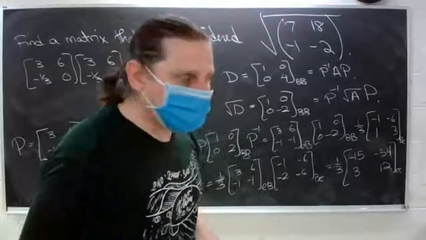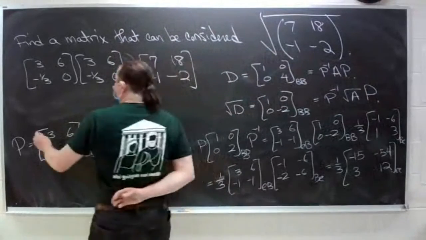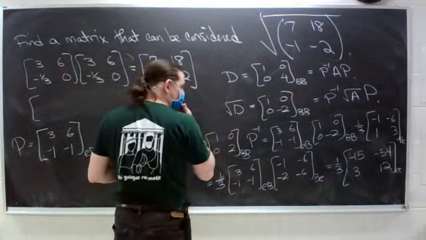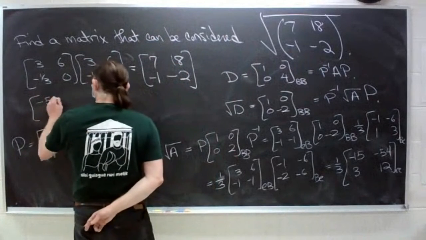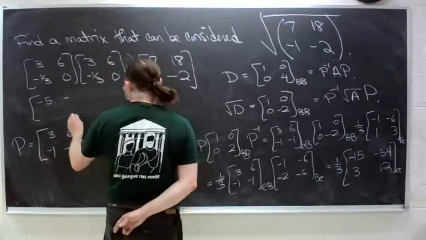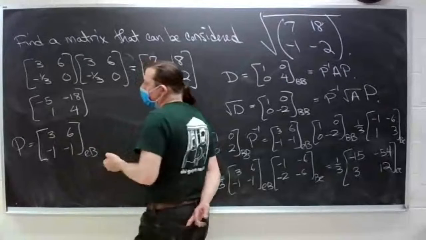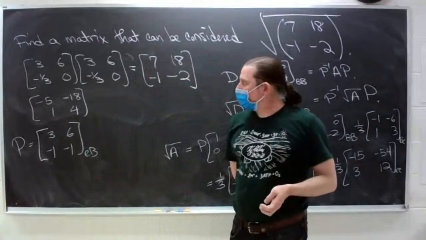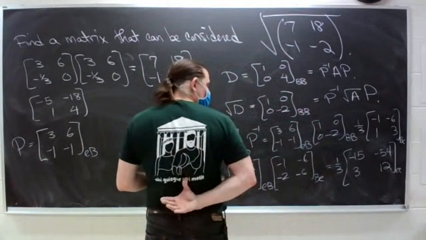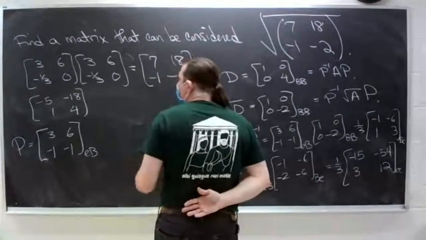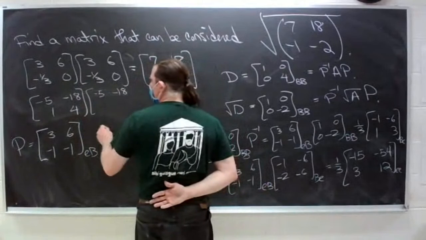That doesn't usually happen. But our other matrix that could be thought of as the square root of that matrix is -5, -18, 1/4. Boy, that sure doesn't look like the square root of that matrix. I mean, there's no way this is going to work.